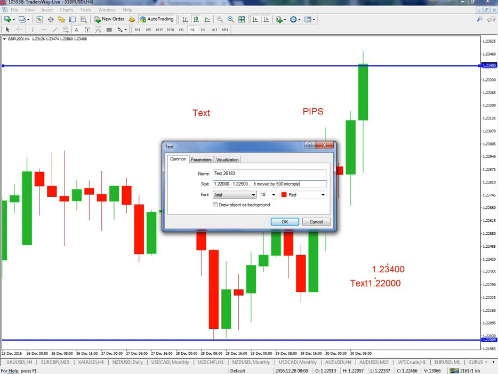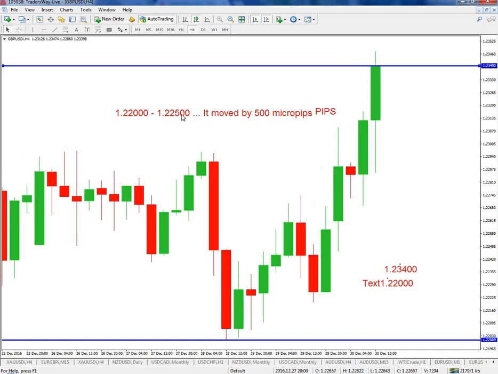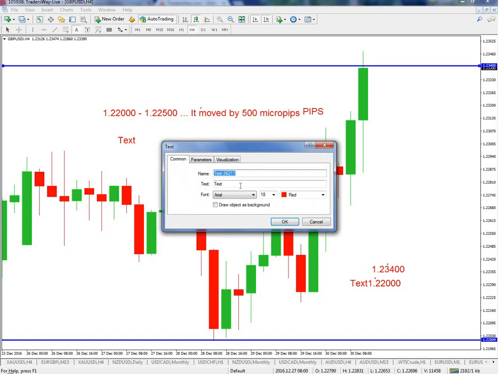micro pips. I'm going to get into micro pips and pips in a minute. If it goes from 22000 to 22500, it moved by 500 micro pips. So if price goes from 1.22000 to 1.23000, that means price went up by 1,000 micro pips.